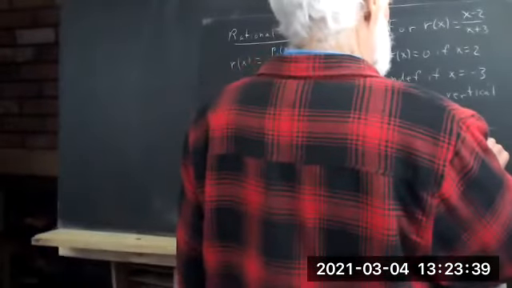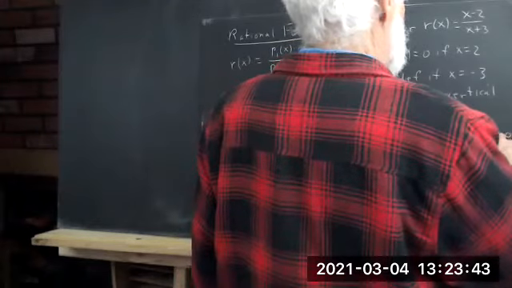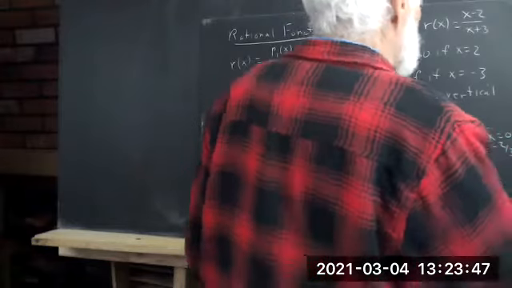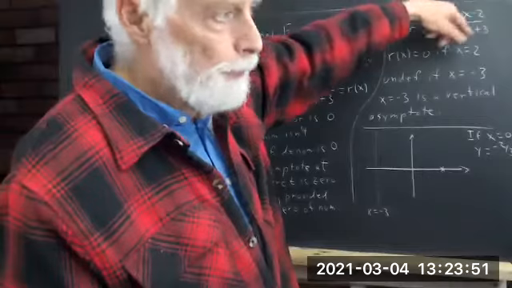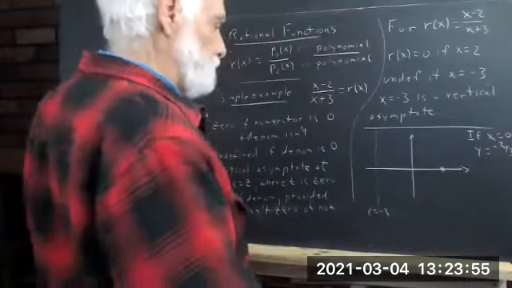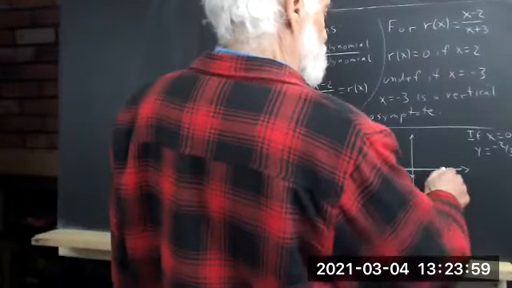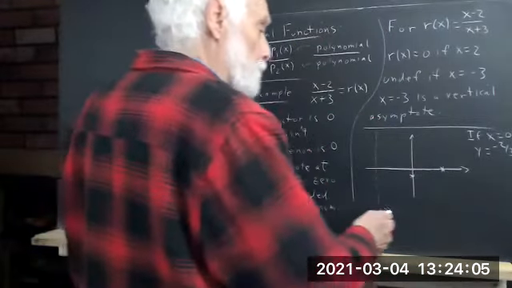So I can say if x is 0, y is -2/3, because you get 0 minus 2 over 0 plus 3, which is -2/3. So this is the point (2, 0). This is the point (0, -2/3).